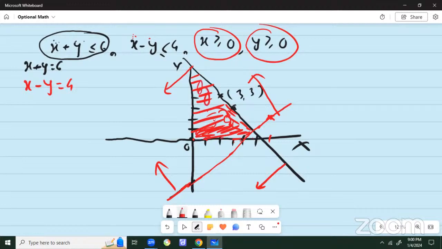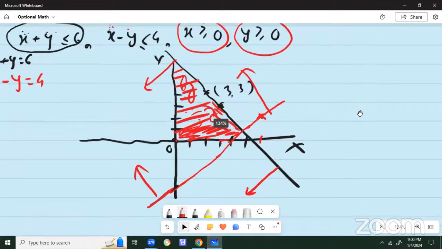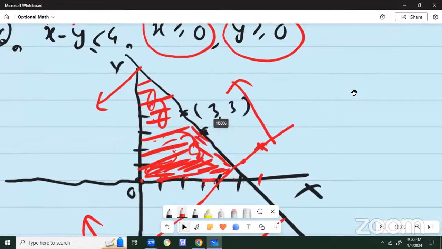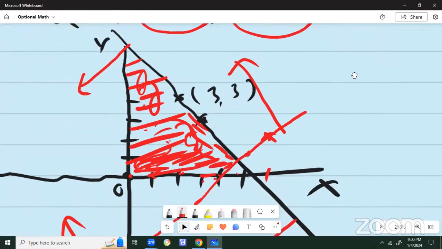Now, is it in the form of a triangle or quadrilateral? It's a quadrilateral, right? So how many vertices do we have to find? 4.